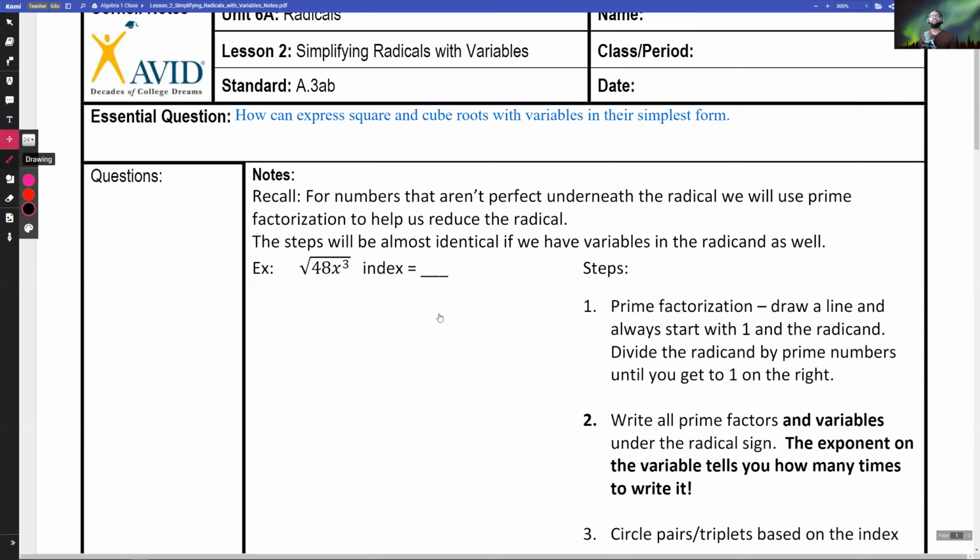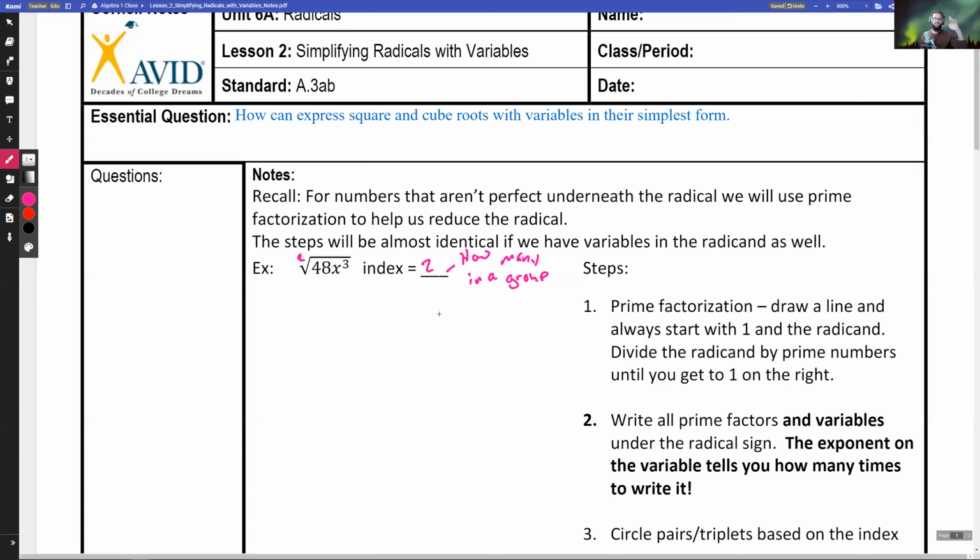When we go to do this, remember on this little porch piece, just outside the house, if there's nothing written, then we just know that's going to be a 2. That's always going to be our index. And our index tells us how many in a group we have to have before that group can leave the house.